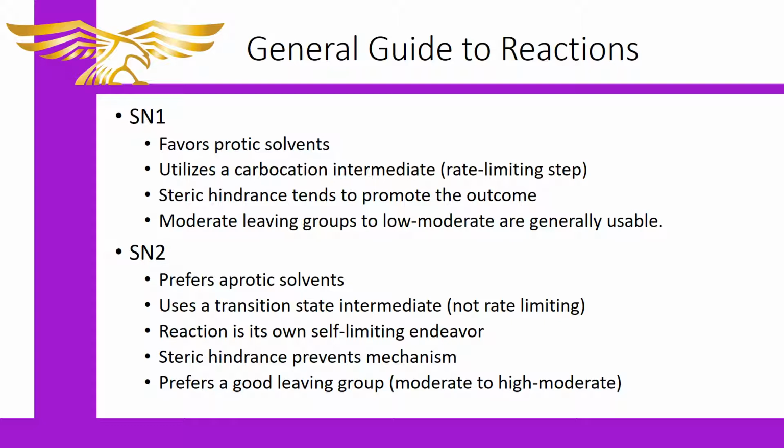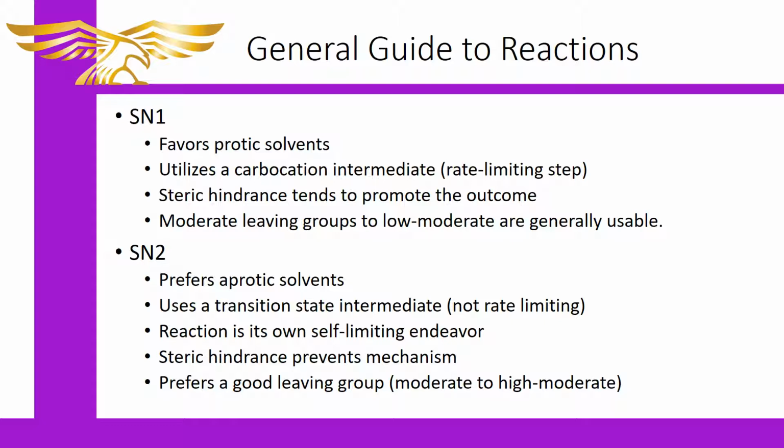It is not rate limiting. The reaction is its own self-limiting endeavor, depending on the concentrations of the two compounds that are interacting in the reaction. Steric hindrance will prevent the mechanism, but if a substance is not sterically hindered, then the reaction will proceed much better.